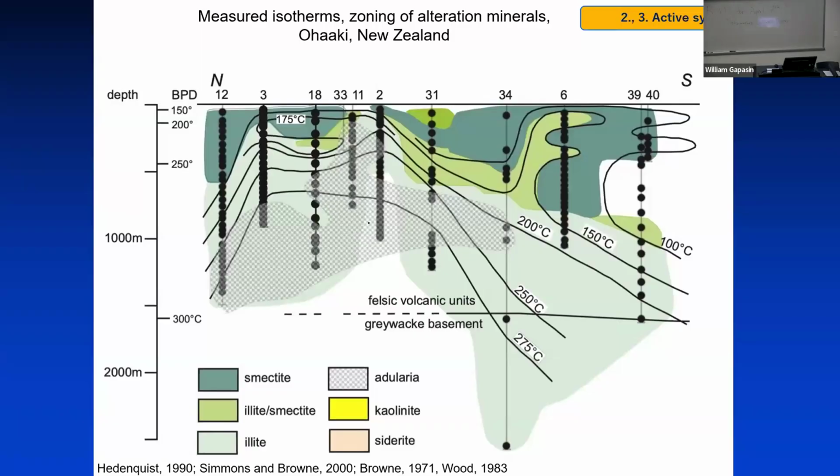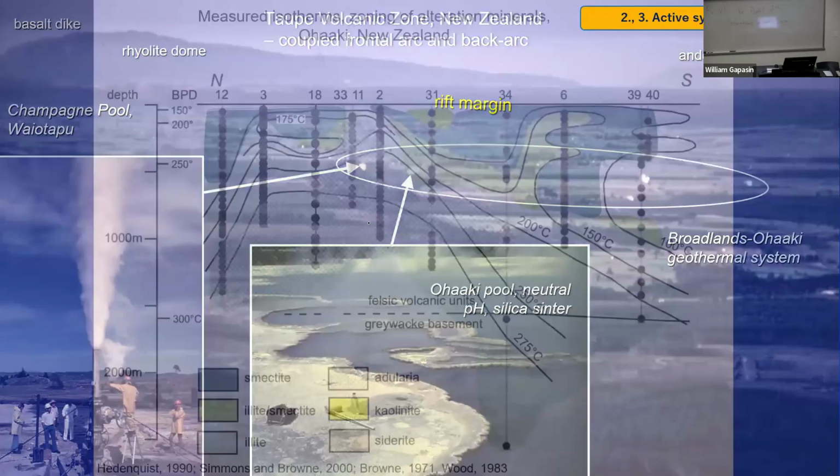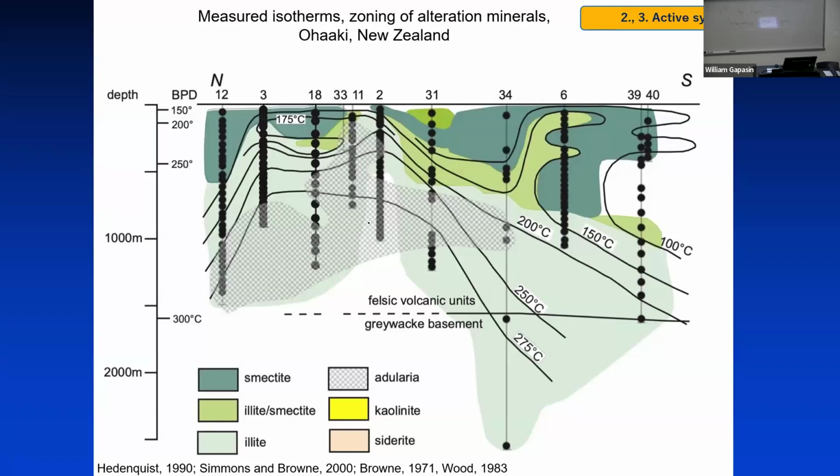A section, basically north-south of the system. I compiled the paleoisotherms, I talk about paleo so often, and the measured present-day isotherms. And Simmons came along a bit later and looked at the alteration.